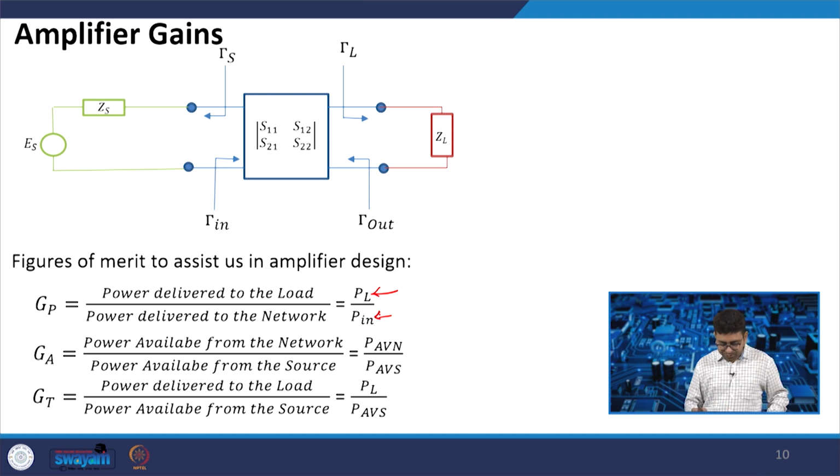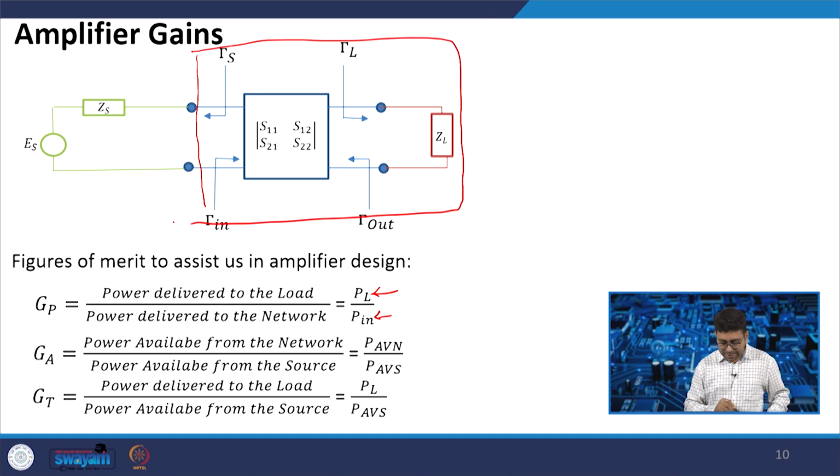Here you should consider only this portion, that is the load side and the network. Then GA, that is the power available from the network and the power available from the source. So, you will consider this side of the amplifier.